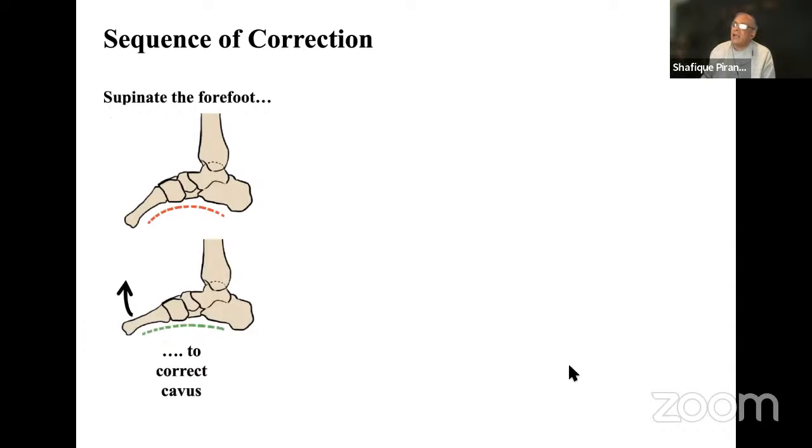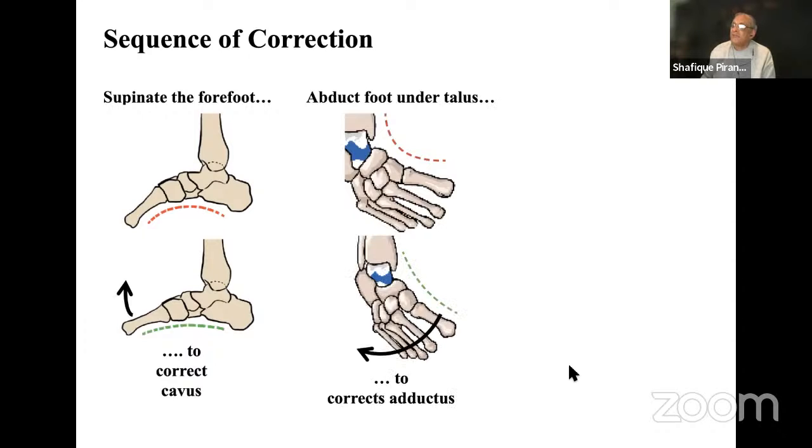And so what is the sequence of correction? Well, we all know the first thing we need to do is to correct the cavus by elevating the first ray or supinating the foot. Supinate the foot is the first thing we have to do in the sequence of correction. And then what we have to do is to abduct the supinated foot, to abduct the talus under the calcaneus.